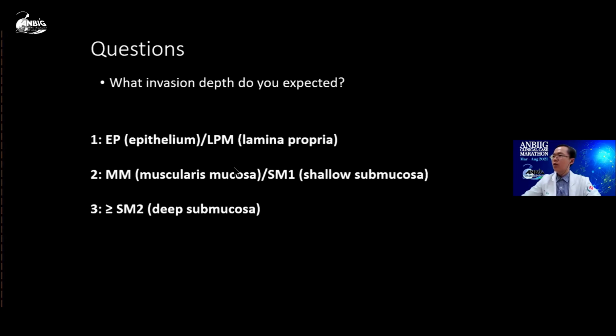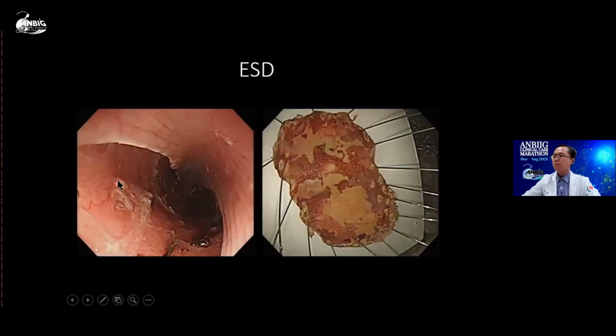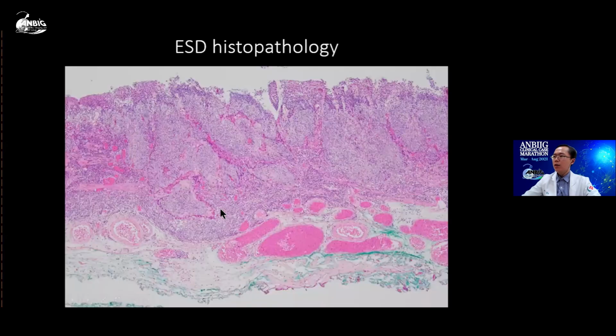So this patient finally decided to choose ESD, and the final pathology was this picture. We can see most of the malignant cells were confined in the lamina propria layer. This white line shows the level of the muscularis mucosae.